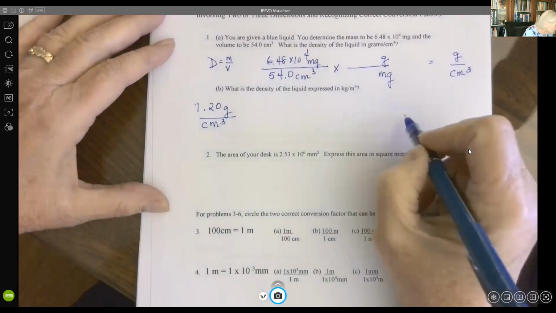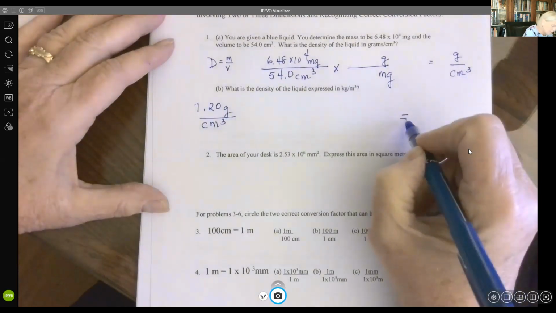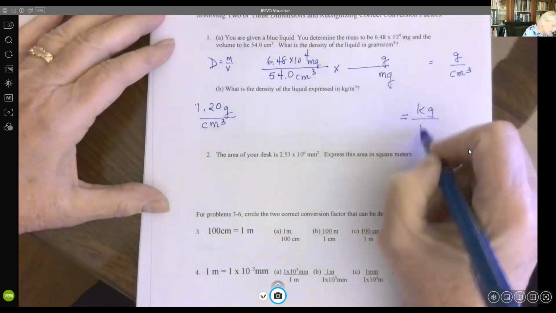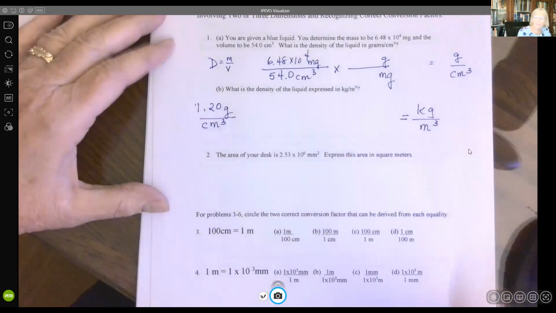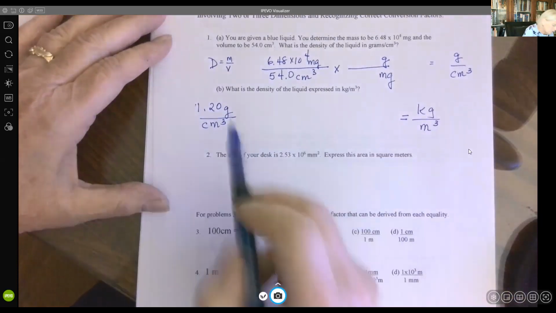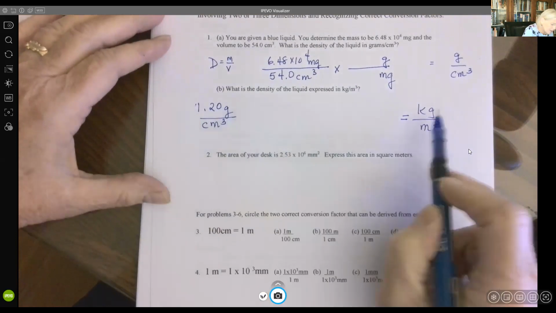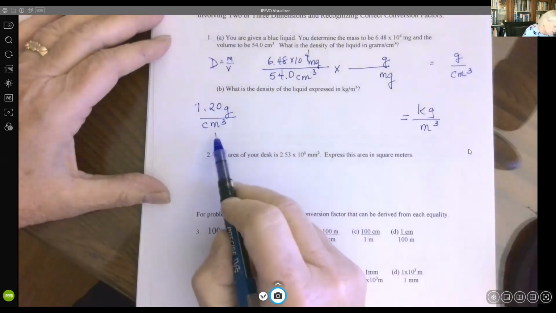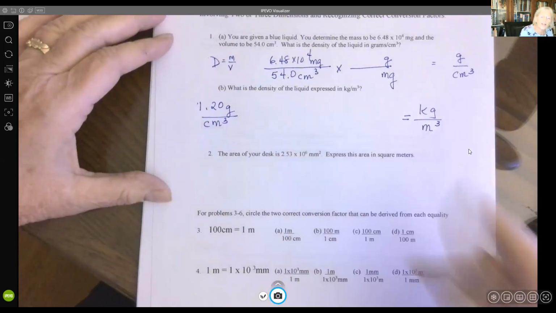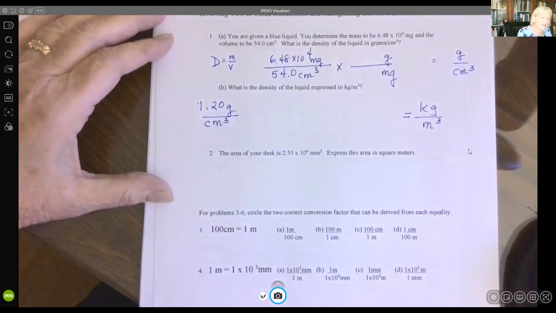And I want to get it converted to kilograms per meter cubed. The situation is converting grams to kilograms and cubic centimeters to cubic meters. Here's where you have to do that, thinking about units in 2 and 3 dimensions.